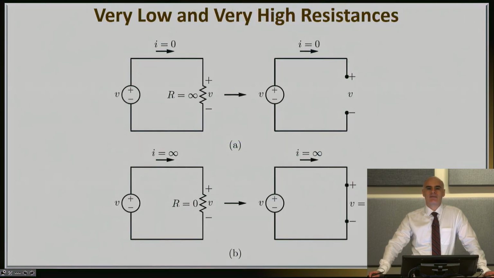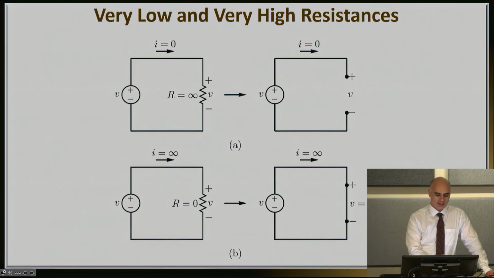Now, in real life, everything has a finite resistance. Even the most pure conductor will never give you a zero resistance, and the best possible insulator will never give you infinite resistance. But in typical scenarios, once a resistance is above a threshold or below a threshold, it can be easily approximated by an open or a short circuit, like what we have learned so far.